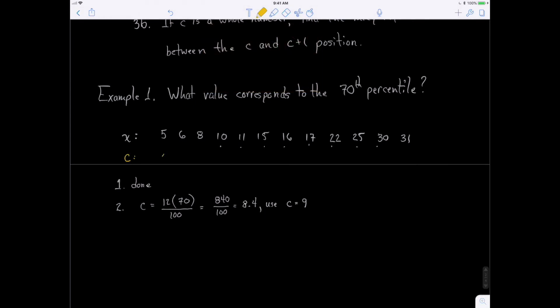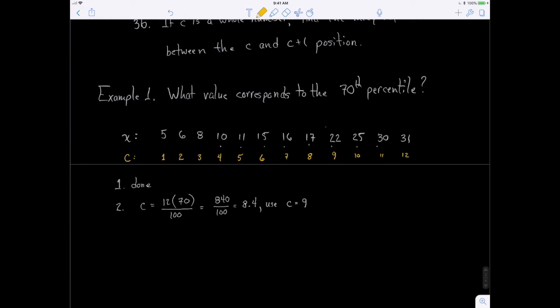So 5 is in the first position, 6 is in the second position, 8 is in the third position, 10 in the fourth, and so on. Let's continue this all the way through. 15 is in the 6th position, 7th, 8th, 9th position, and there it is. We'll finish this: 10, 11, and 12.